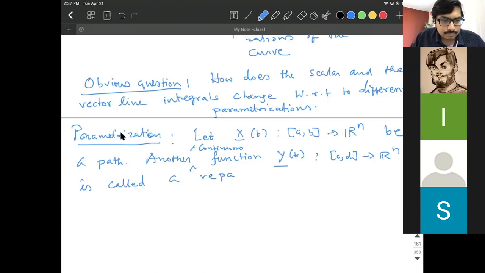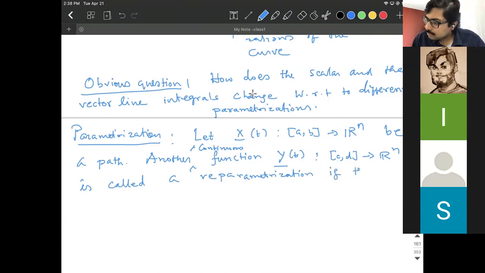So where are we? Yeah, so another function from a different interval [c, d] to R^n is called a reparametrization if the following is satisfied.